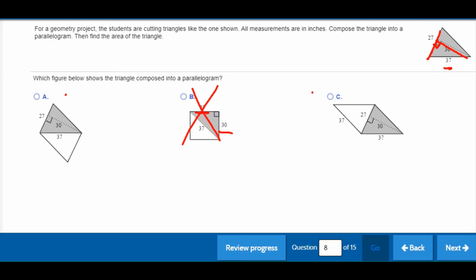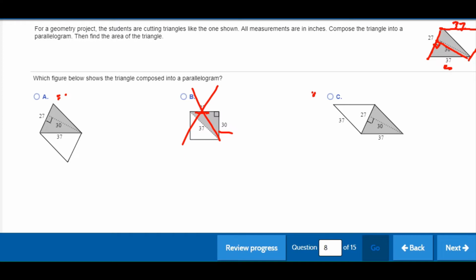37. So I need to come up with something that's going to differentiate between A and C. And this will be on your test. You do need to understand this. So if you make a copy of this and rotate it and compose it, it'll look something like this. 37 needs to be across from 37.